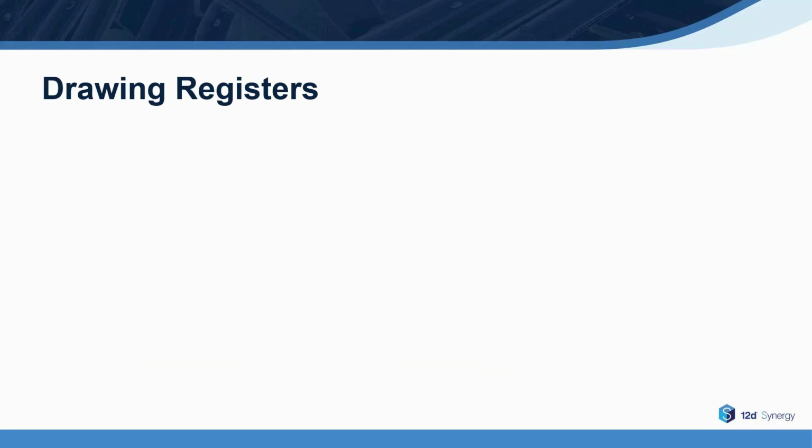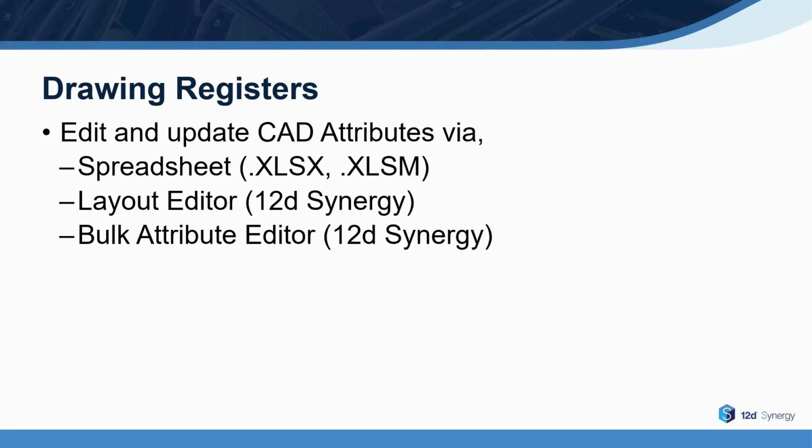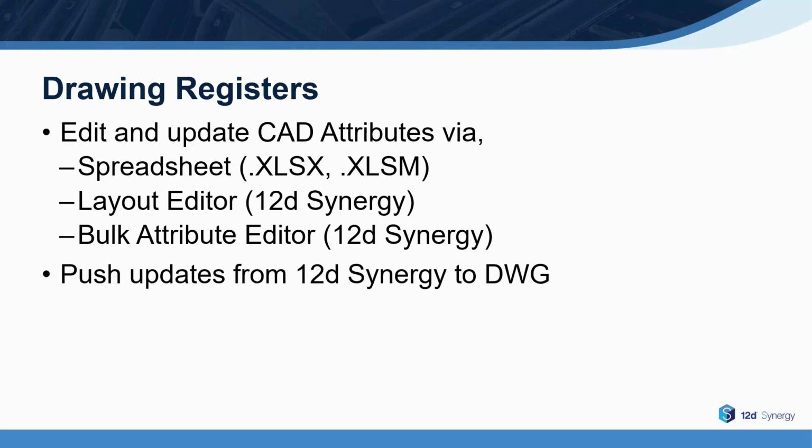12D Synergy can also update your CAD attributes in your drawings, and there are a number of ways you can do this. You can edit and update your CAD attributes via a spreadsheet, or use the 12D Synergy layout editor or the 12D Synergy bulk attribute editor. These can push updates from 12D Synergy to your DWGs.